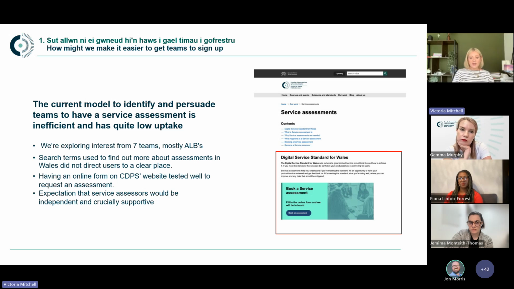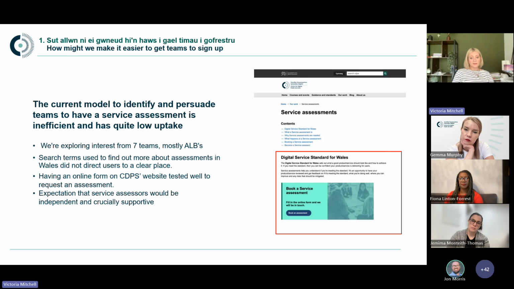but it was still good to validate that anyway. We also heard a few times about people's experiences with service assessments in the past, perhaps at earlier points in their careers. They talked about feeling scared and judged. One person did actually use the word trauma, and that was demotivating.